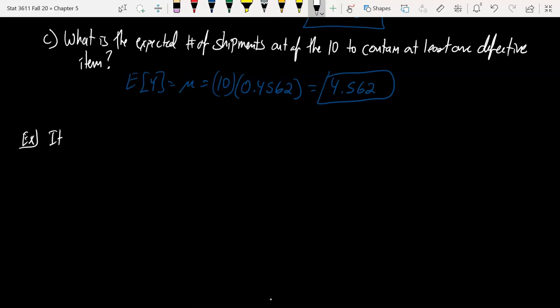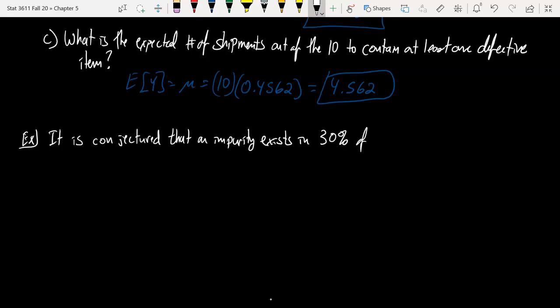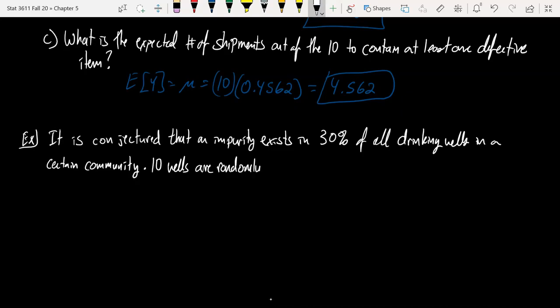In this problem, it is conjectured that an impurity exists in 30% of all drinking wells in a certain community. 10 drinking wells are randomly selected for testing.